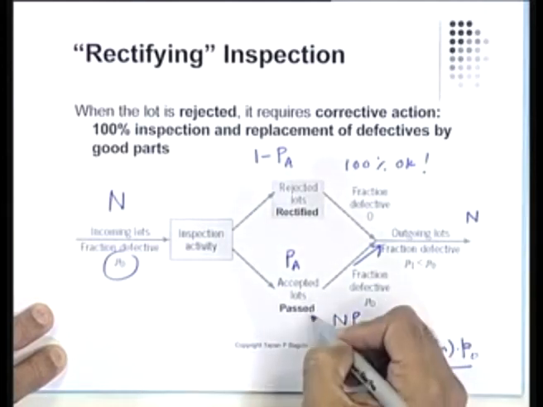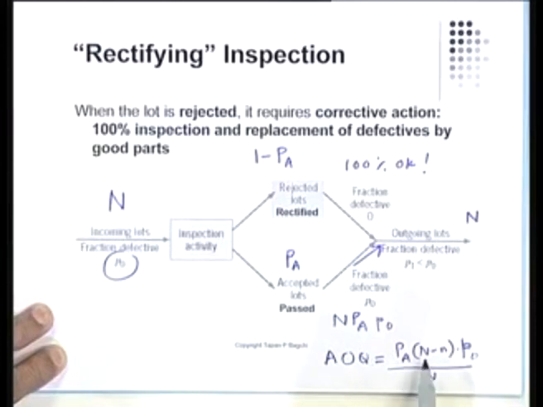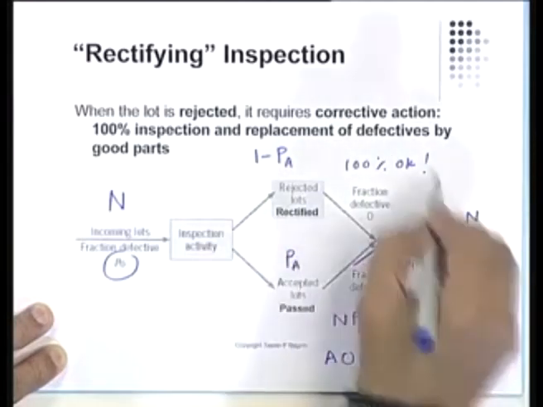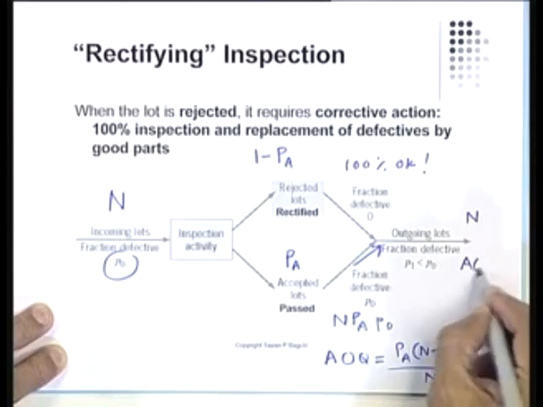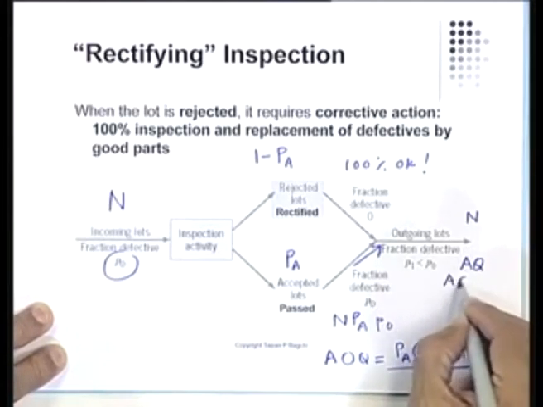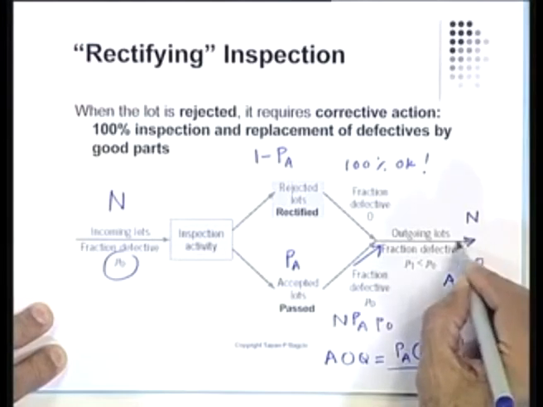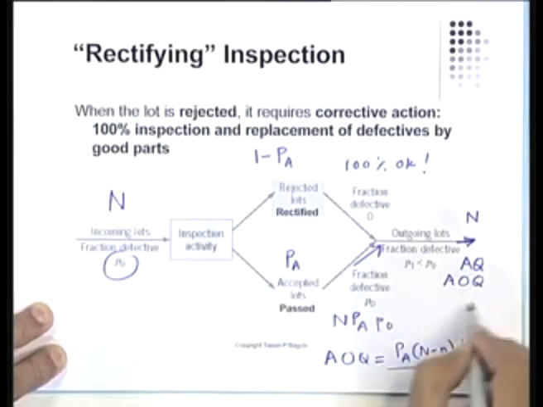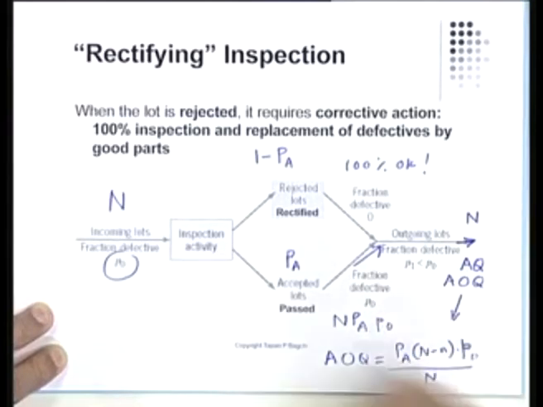So the actual number of defectives going this way is going to be big N times P0 multiplied by PA minus n times P0 multiplied by PA. This is the number of defectives that I let go this way. Therefore, the fraction that actually comes out as the result of doing all this, AOQ, the average outgoing quality leaving the inspection booth, turns out to be this quantity there.